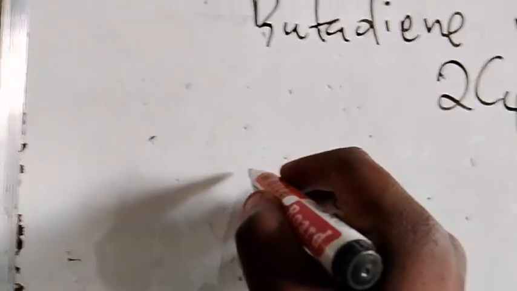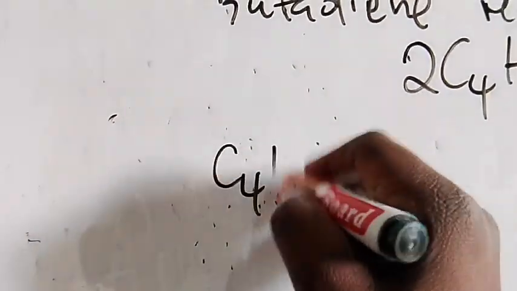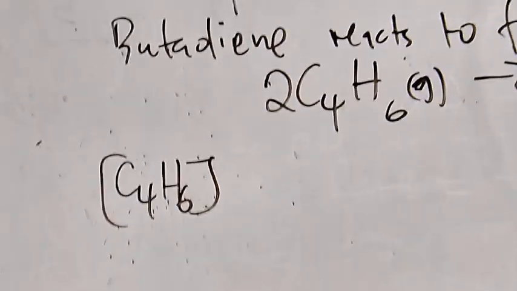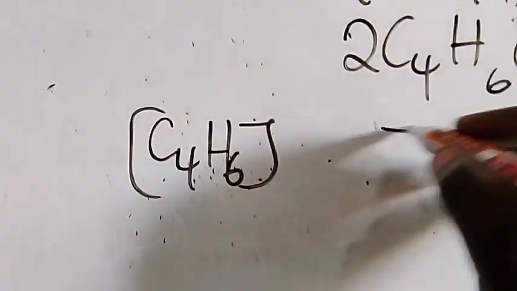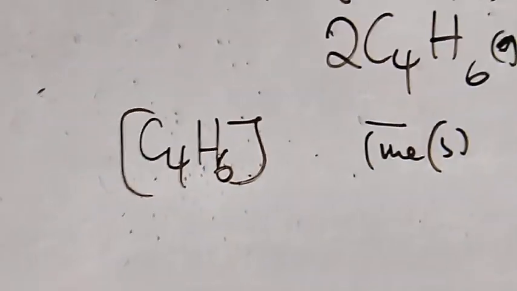So we have the concentration of butadiene, C4H6, then time in seconds.